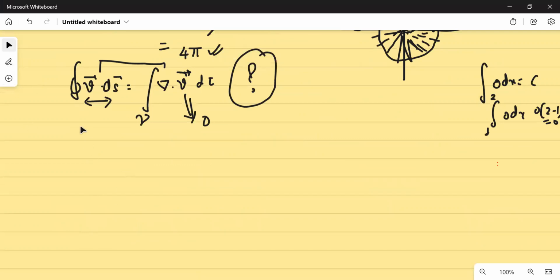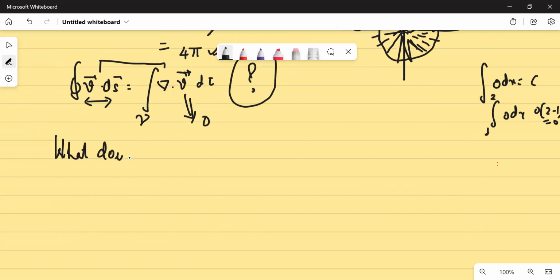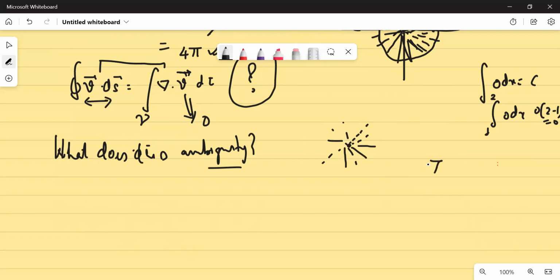So where does this problem or ambiguity arise from? This ambiguity arises because of the derivative function. When you were extracting the divergence, you were writing 1 over r square del by del r of r square V_r.